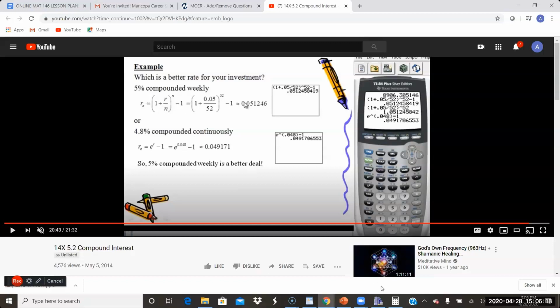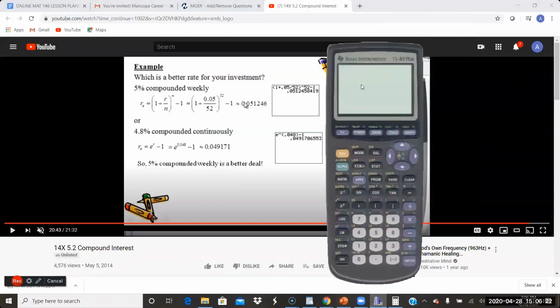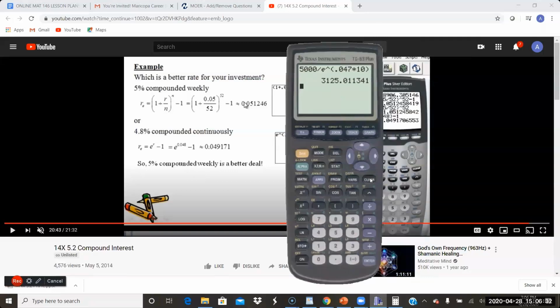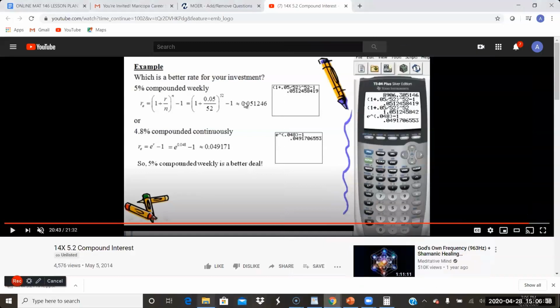But definitely, make sure you know how to do this on your calculator. So I'll follow along here for the top one, weekly. I need to clear this. My calculator just froze on me here. Let's reopen it.